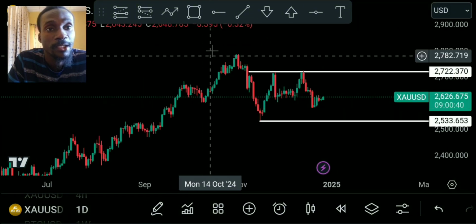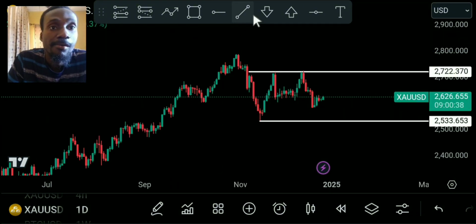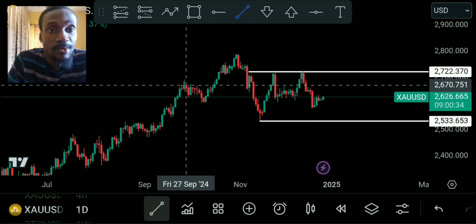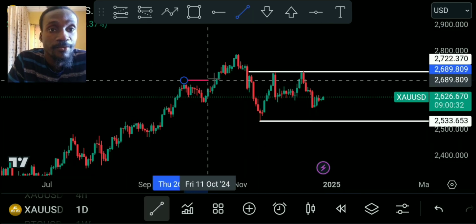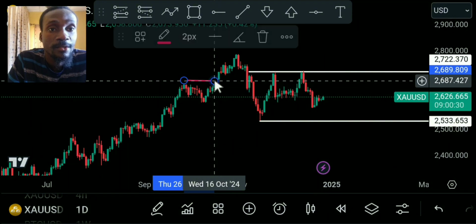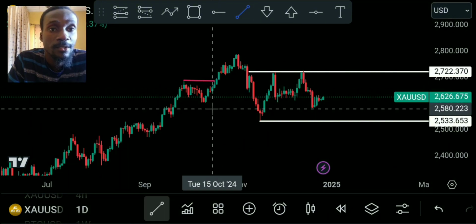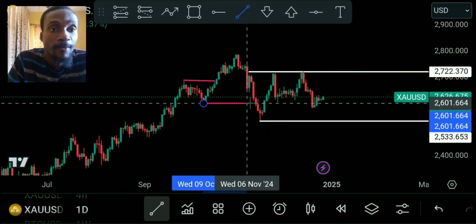Or if you are more of an SMC trader, you observe that this is a swing here, and here is also a swing.